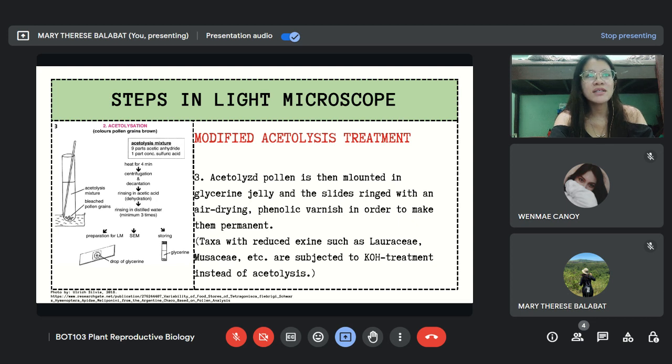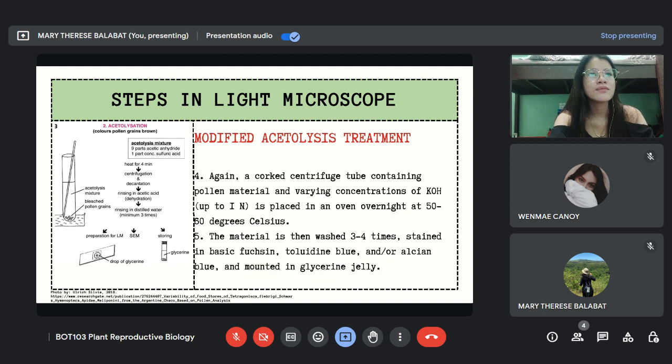Taxa with reduced exine such as Lauraceae, Musaceae, etc. are subjected to KOH treatment instead of acetylysis. So, as you can see here, the disposable Pasteur pipettes were found extremely helpful in transferring a mixture of pollen and glycerin jelly evenly to slides, especially when the available material is scanty.